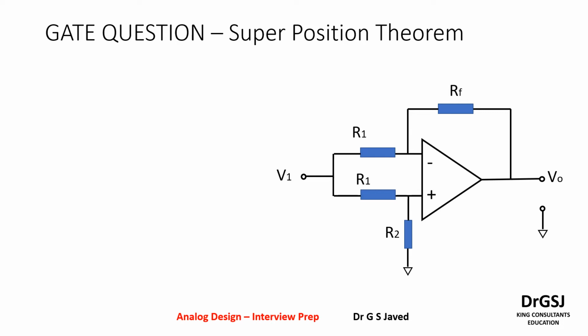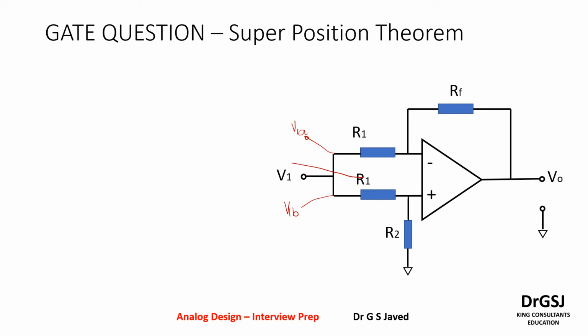So to understand the approach, we will break this portion and generate two voltage sources called V1A and V1B, and apply the superposition theorem independently.